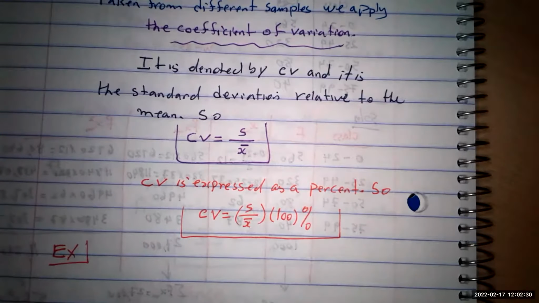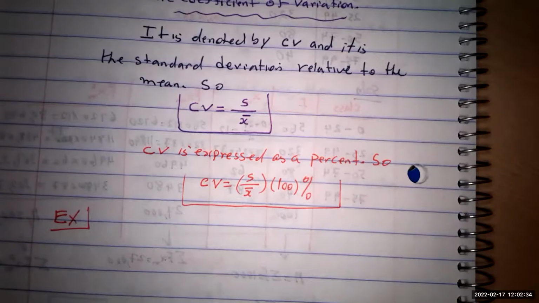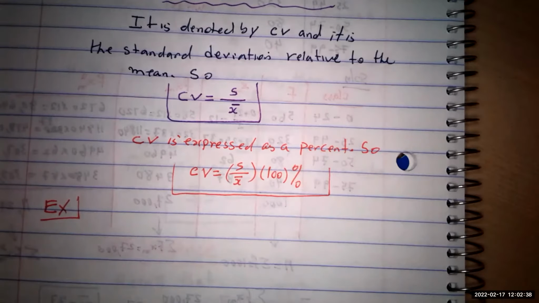A standard example is, suppose you're taking two different courses, calculus and statistics, and we would like to compare the variation of the grades in the calculus course and in the statistics course.